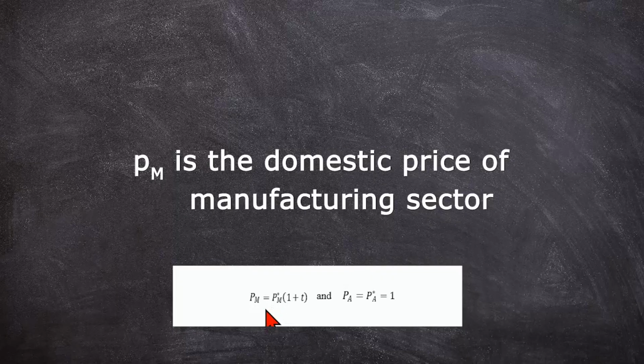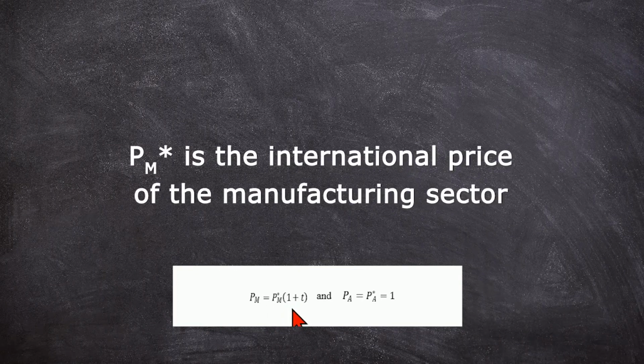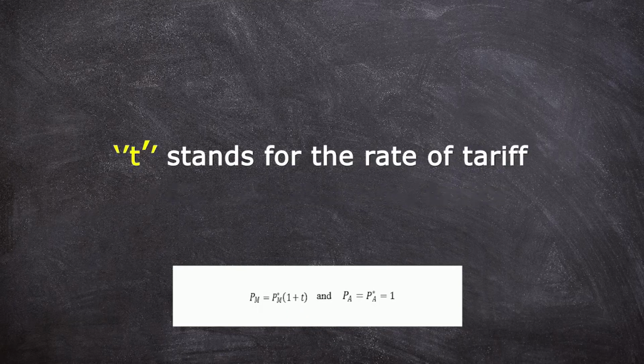So PM, the domestic price of the manufacturing sector, is equal to PM star into 1 plus T, where PM star is the international price of the manufacturing sector and T stands for the rate of tariff. And PA is equal to PA star is equal to 1. That means here the agricultural sector has been assumed as numeraire and therefore its price has been set equal to 1.